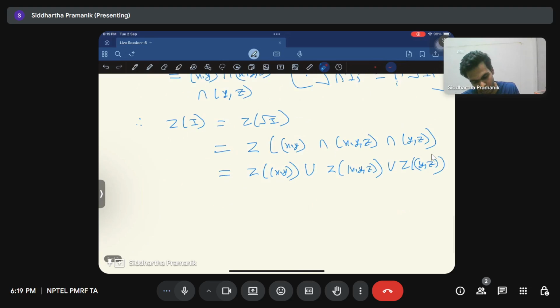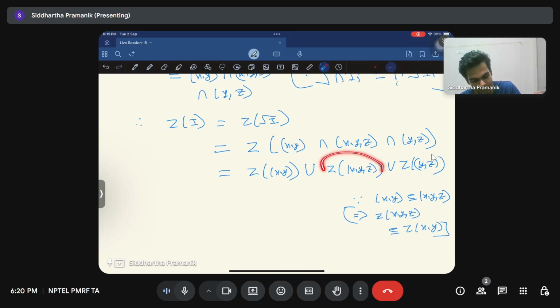But is this the irreducible decomposition? Observe one thing, that this term is redundant. We can remove this term because (x, y) is a subset of (x, y, z). That will imply Z of (x, y, z) is a subset of Z of (x, y).